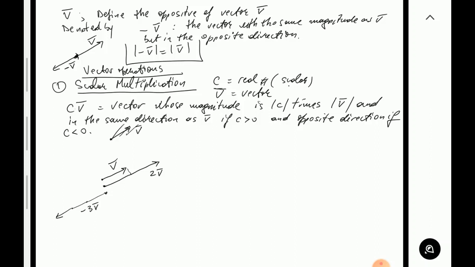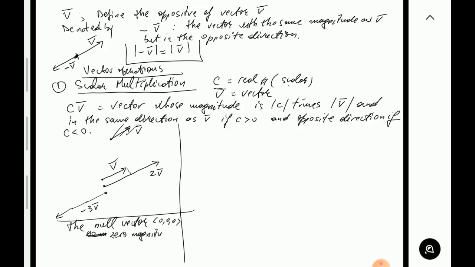At this point, we're going to mention that we also define the null vector, the vector with coordinates 0, 0, 0, which is basically the vector with no magnitude, or 0 magnitude. It is necessary, of course, to make the algebraic rules for vector operations complete.